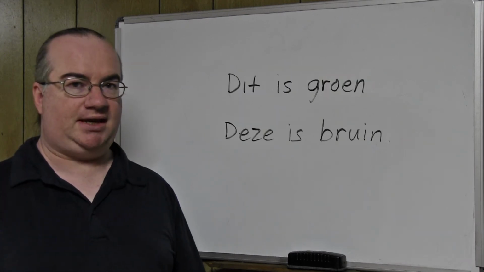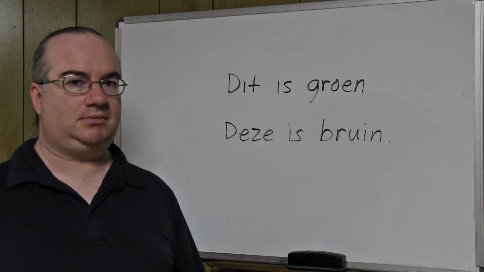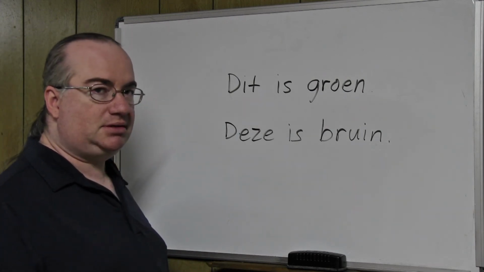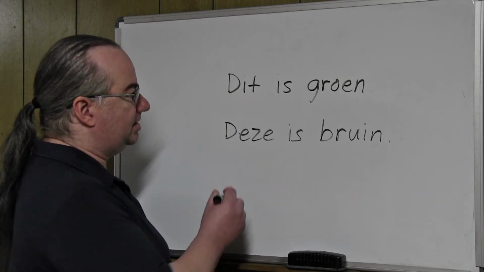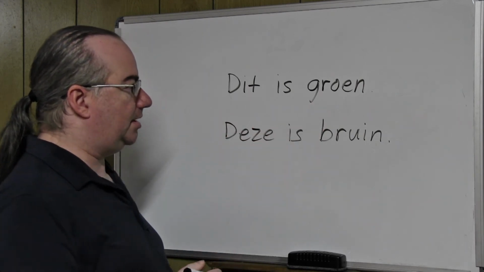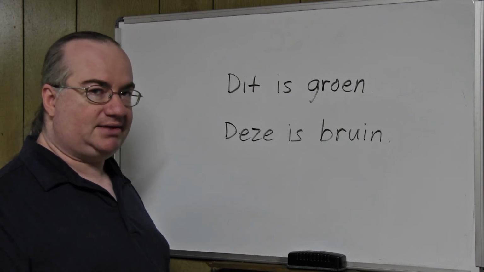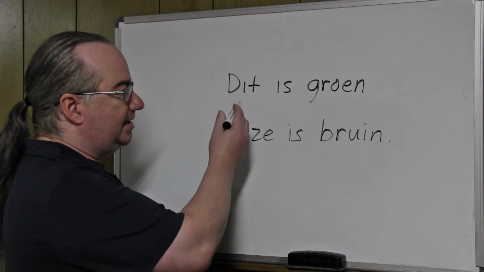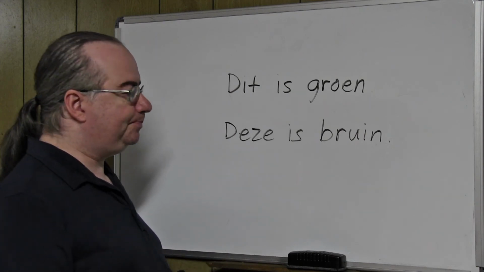Now, if I want to say this is green, and I'm talking about the leaf, het blad is a het word, so I would say dit is groen. And the same would apply if I wanted to say that is green, and now we're talking about het blad.